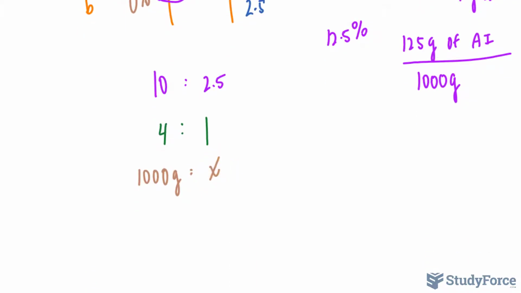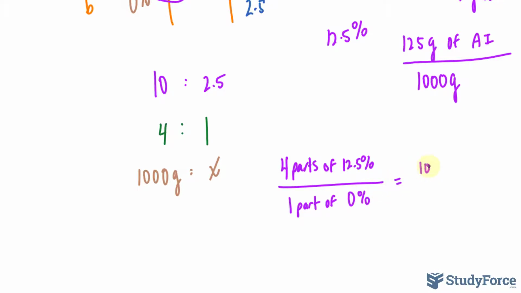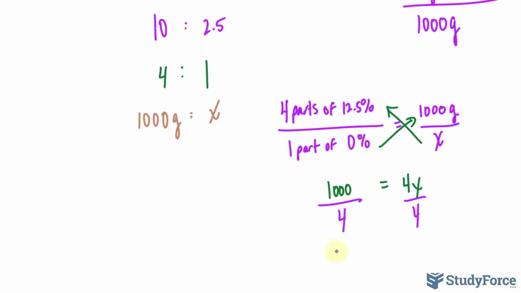And from here we can calculate a proportion. 4 parts of the 12.5% over 1 part of the 0% is equal to 1,000 grams over X. We can solve for X by cross multiplying. So 1 times 1,000 makes 1,000, and 4 times X makes 4X. Dividing both sides by 4 gives us 250 grams.